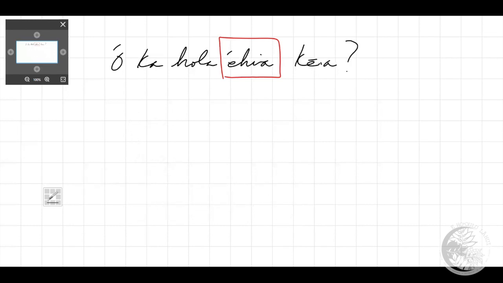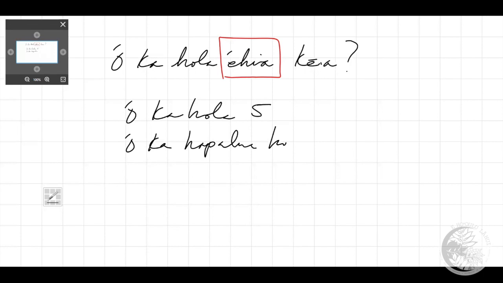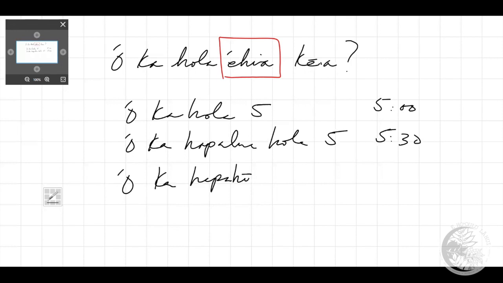So those expressions, o ka Hola ʻelima, 5 o'clock. O ka hapalua Hola ʻelima becomes 5:30. And o ka hapaha I hala ka Hola ʻelima, this would be 5:15.